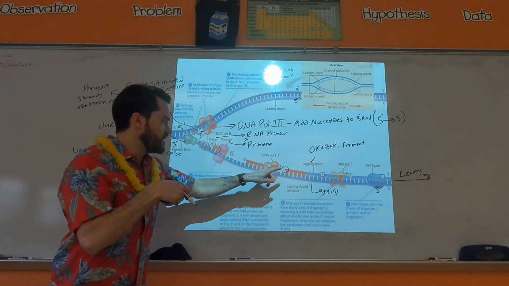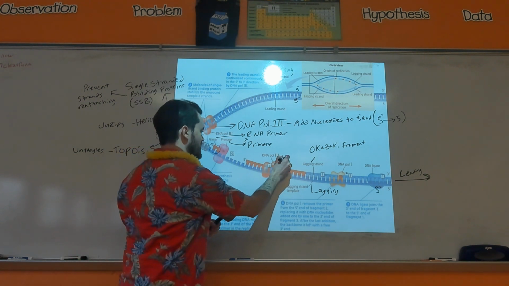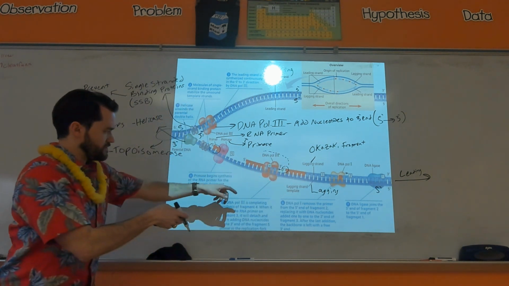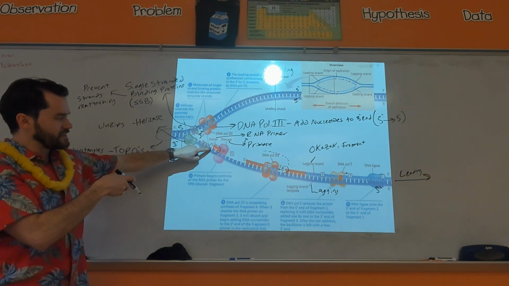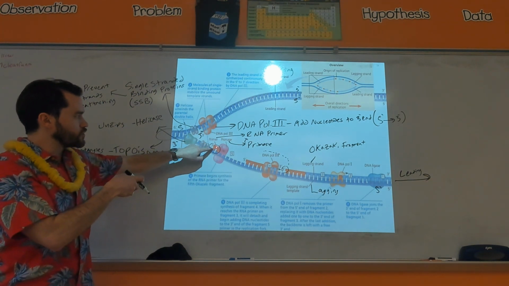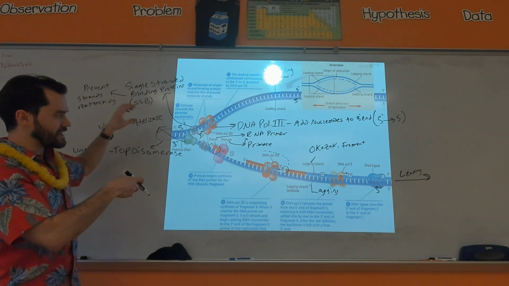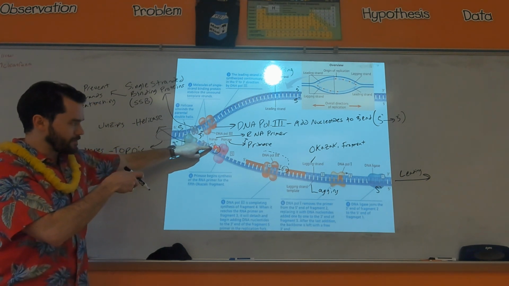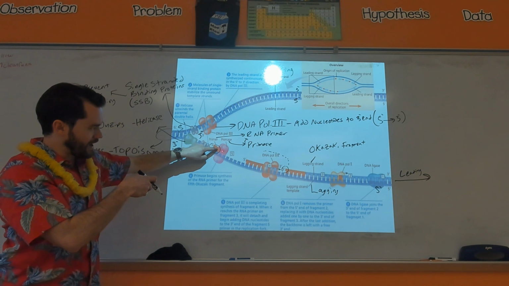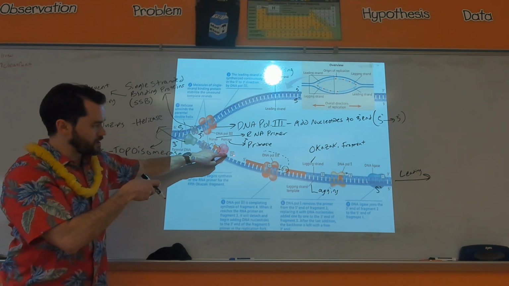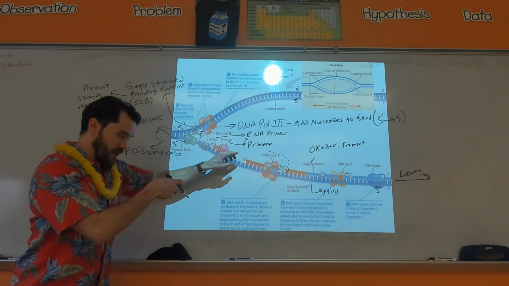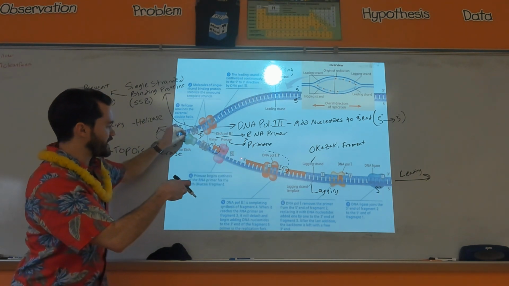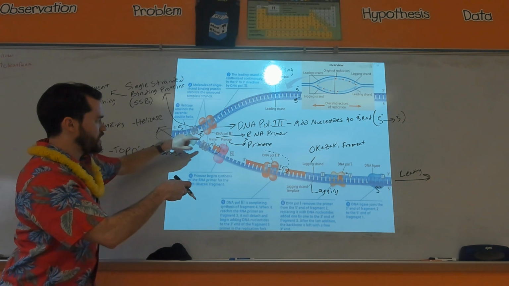So it hits here, DNA polymerase would detach, and then it would backtrack and go to this next Okazaki fragment that was just revealed by helicase unzipping the DNA and primase laying down the primer. DNA polymerase 3 would add the nucleotides to the 3' end until it hits the Okazaki fragment it had just done. And while all that's happening, helicase is unzipping more DNA.